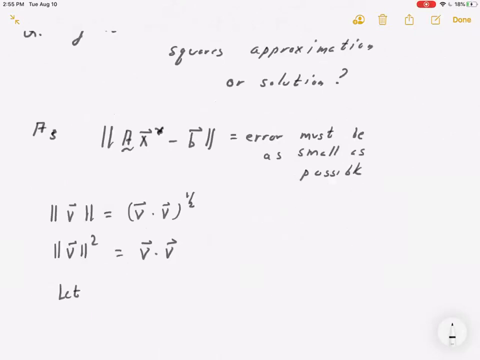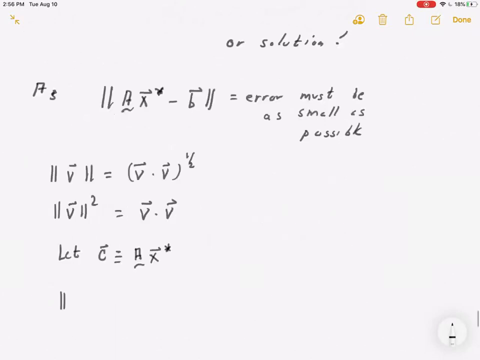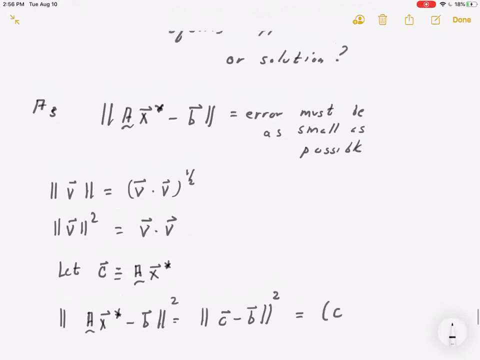So to make our notation a lot simpler to follow, let us define the vector C as A times X asterisk. So this error is just C minus B. And actually, we'll look at the error squared. This is the dot product of the vector C minus B with itself.